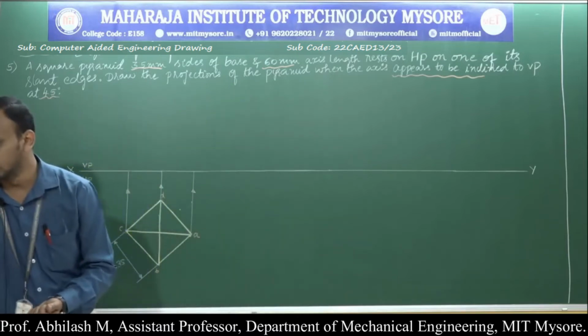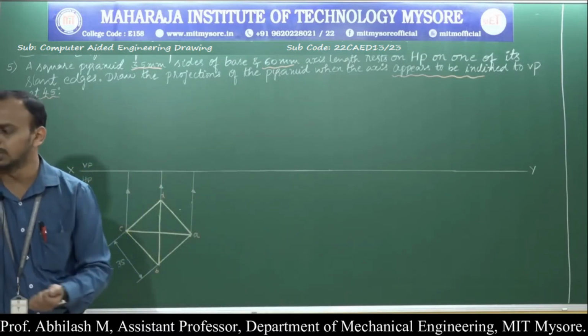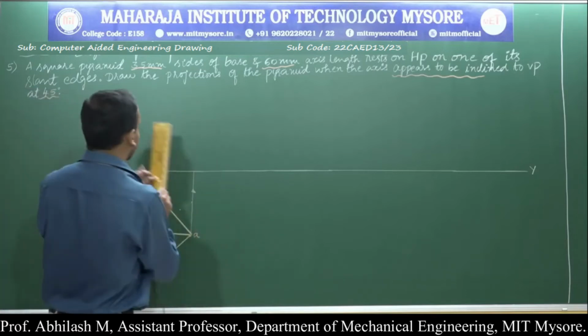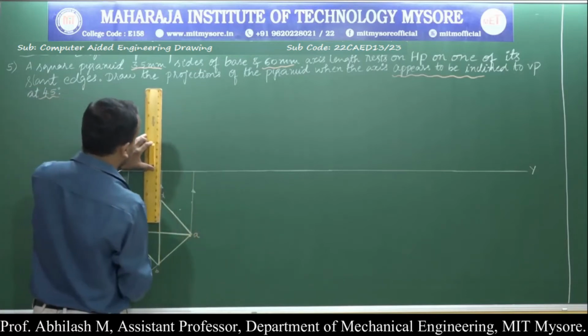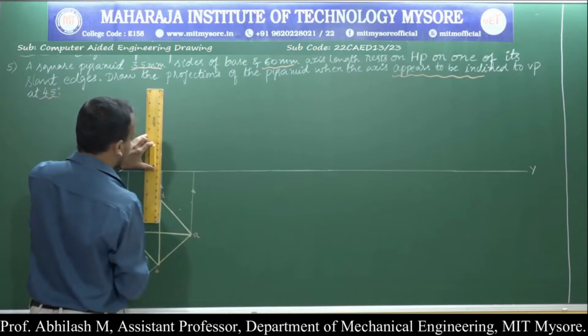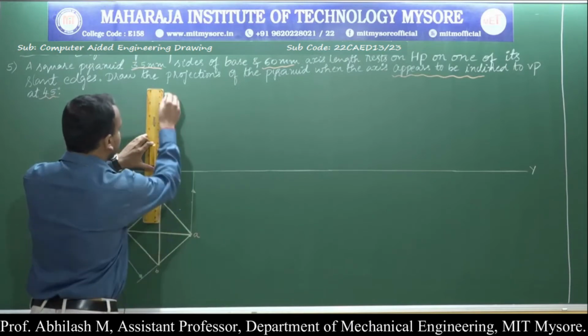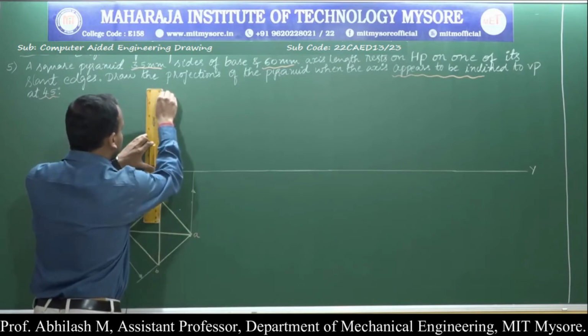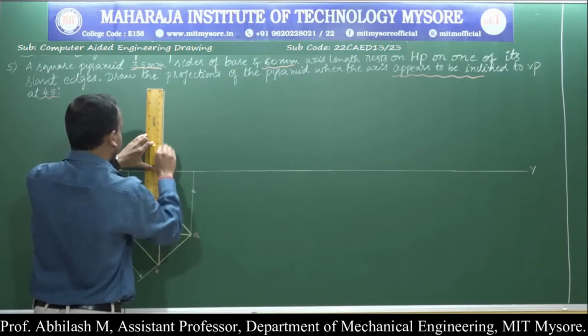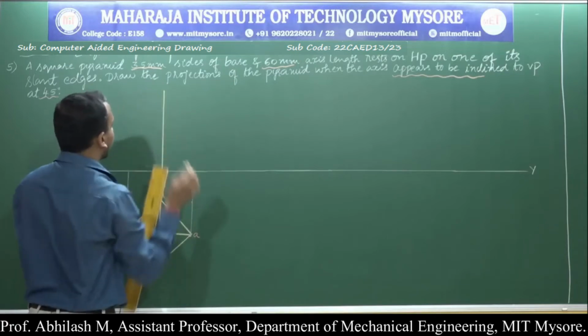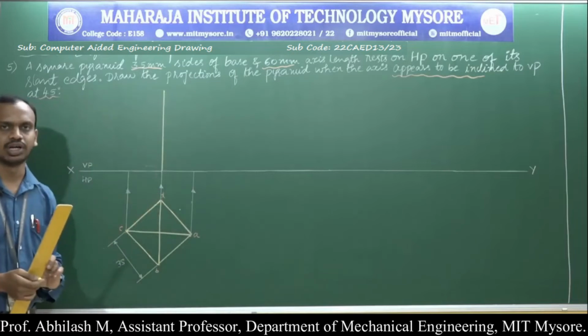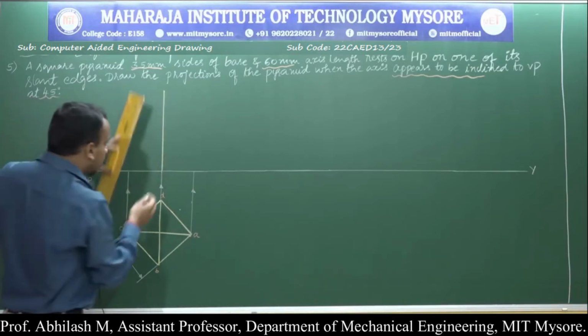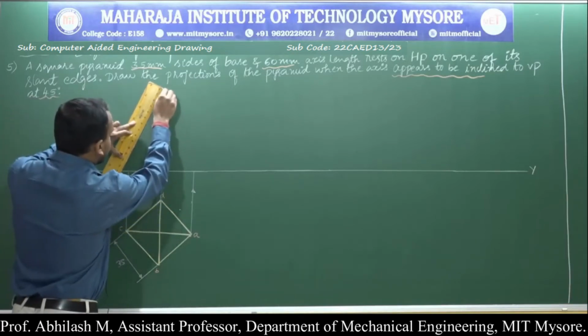So in order to do that, let us directly go with the positions. So from here, this is my axis, which is overlapped by one of the slant edges, and it is clearly visible. So I am going to draw this with the help of a thick line for 60 millimeter. And the other two slant edges are also clearly visible.